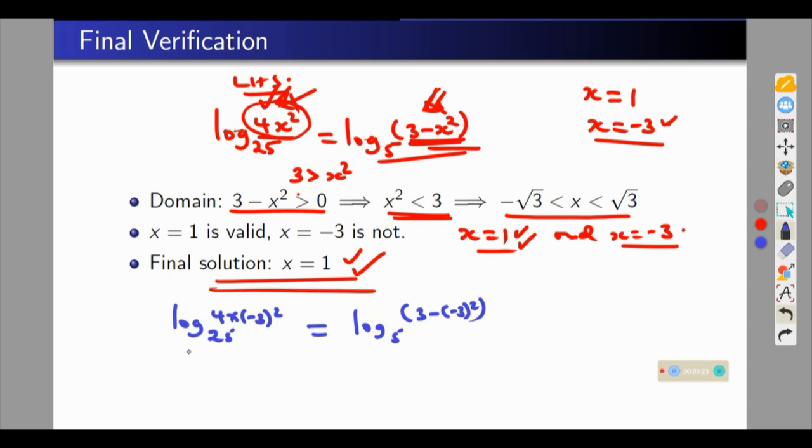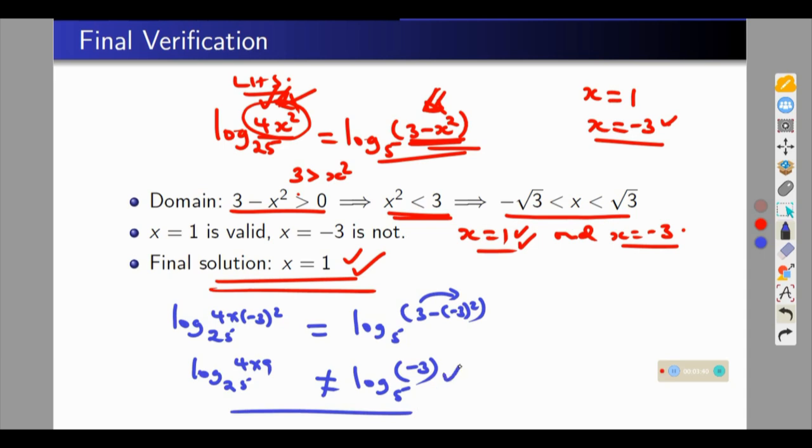You realize here you will have log base 25 of 4 times 9, which is equal to log base 5 of 3 minus 9, which is negative 6. So this one is not possible. This value here cannot exist. So since this is not possible, it means x equaling negative 3 will be out.